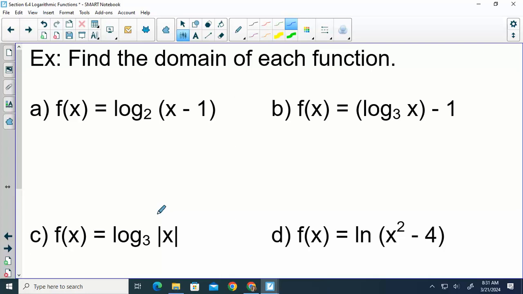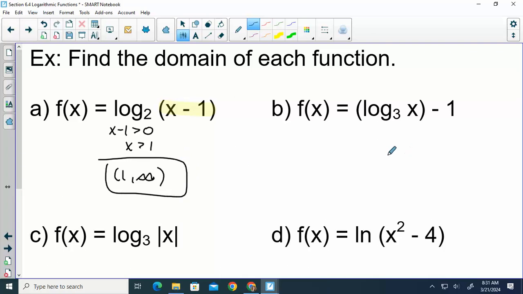Okay, you could think about your transformations, knowing it would start at 0 and the -1 would move it right 1, so your domain would become 1 to infinity. The other way to think about it is we know the argument has to be positive. So x minus 1 has to be greater than 0, so x has to be greater than 1. Isn't that the same thing? So you can either work it out or just think about your graphs. But I do want intervals at the end.